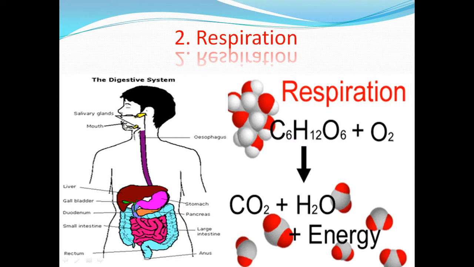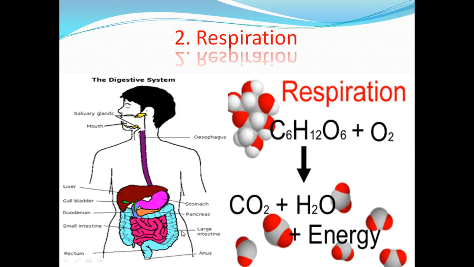The food starts to be digested in the mouth, then the esophagus passes it to the stomach, then to the small intestine where the food is completely digested. Then it is changed to go where? To go to the blood.